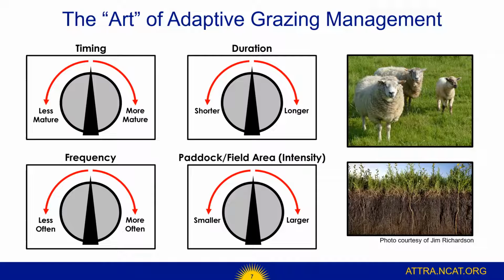So the art of adaptive grazing management really means using our powers of observation to recognize the subtle deviations in animal, plant, and soil health, and then to respond appropriately and immediately by altering one of the 4 dimensions of grazing management to prevent a deviation from causing long-term damage.